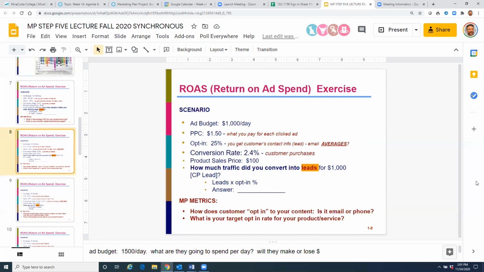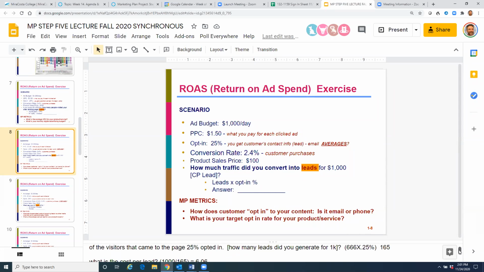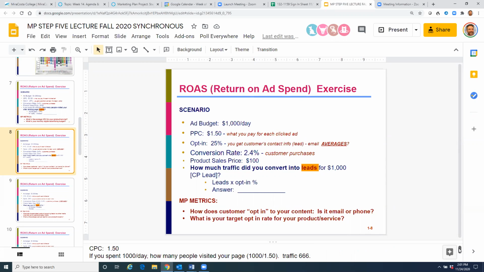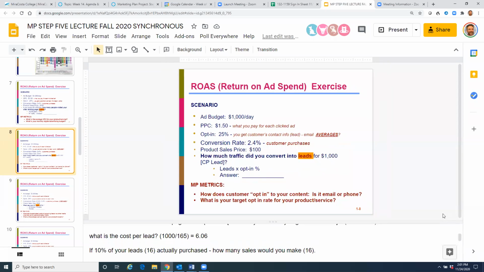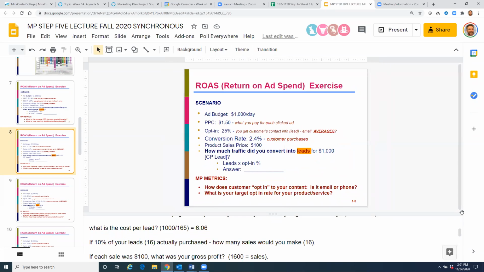So what is that number? Go ahead and put that in the chat. Yes, 167. So we spent $1,000 and we got 167 leads.